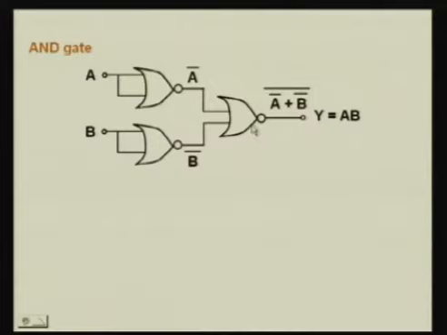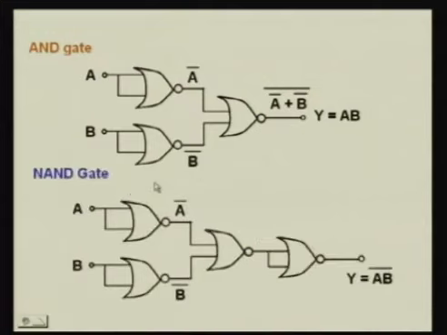Now if we want to use the NOR gate as a NAND gate, what do we have to do? We simply use this output as the input of a NOT gate, that is, the input of a NOR gate. We have to use one more NOR gate and apply this output Y to it as an inverter.